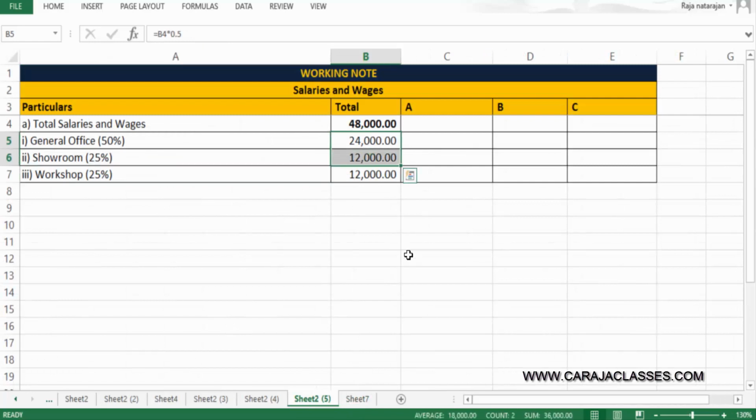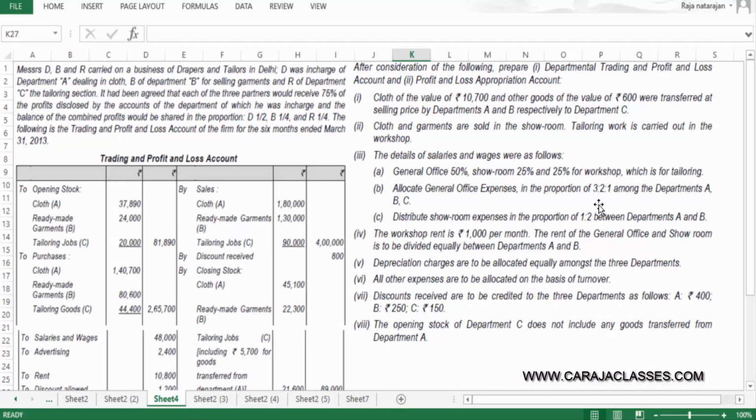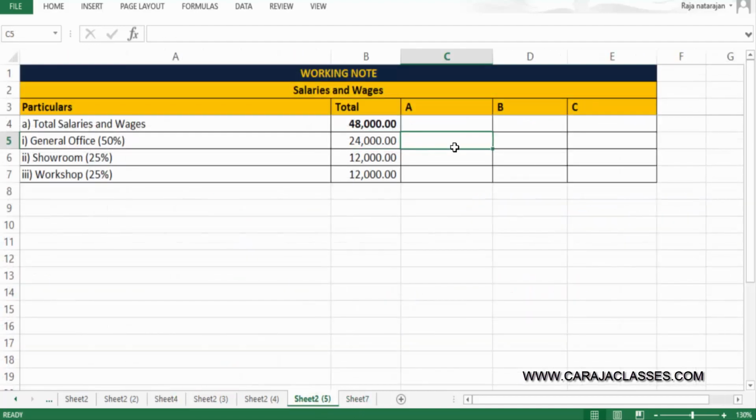See, this general office salary of 24,000 should be split between department A, B and C in the ratio of 3:2:1. So let me capture that here. It's 24,000 into 3 by 6, so it's 12,000; 24,000 into 2 by 6; and 24,000 into 1 by 6.